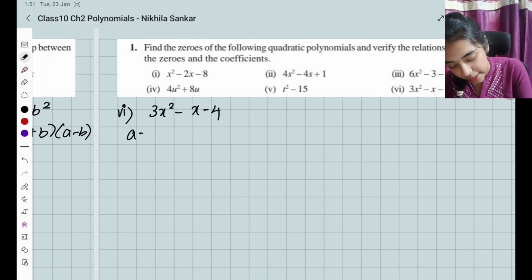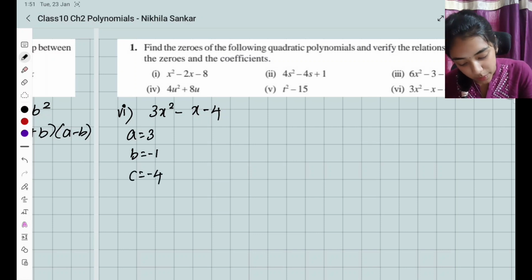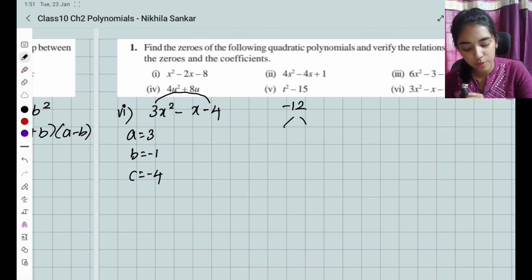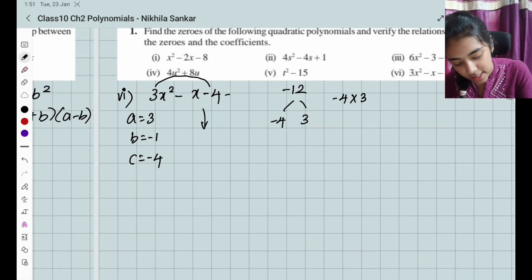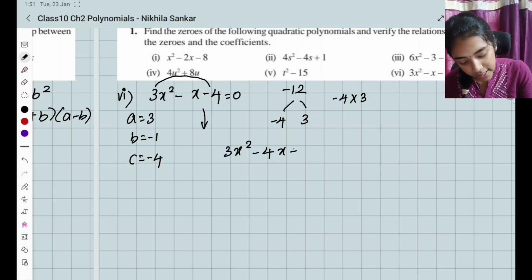So we have a to be 3, b equals minus 1, c equals minus 4. So we want the product of zeros to be minus 12 and the sum of zeros to be minus 1. So sum of zeros minus 1 we can have minus 4 into 3. So when I split this equals 0, 3x square minus 4x plus 3x minus 4 equals 0.